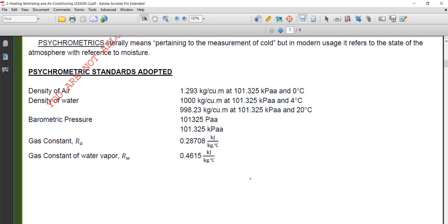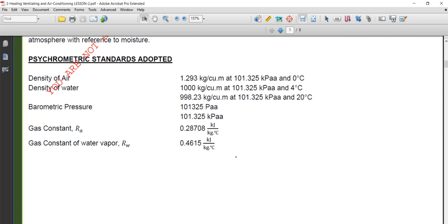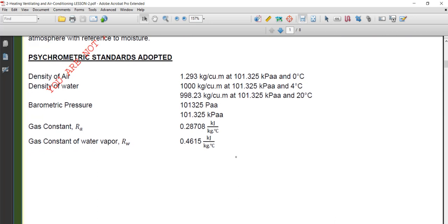So we have the standard values that we will be using more often. The density of air is 1.293 kg per cubic meter at the standard pressure of 101.325 kPa, at 0 degrees. The density of water is 1000 kg per cubic meter.